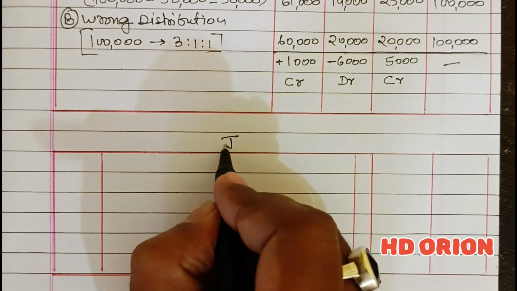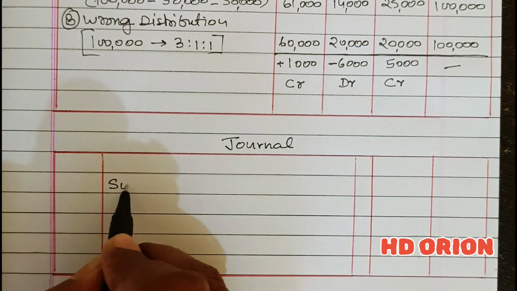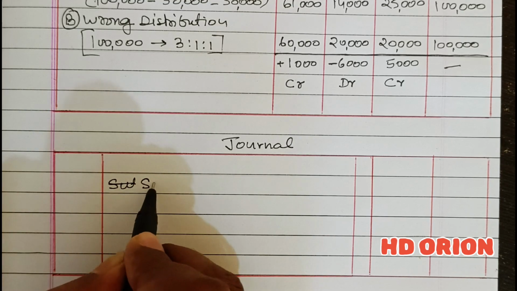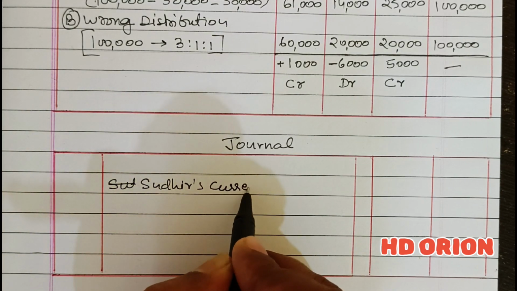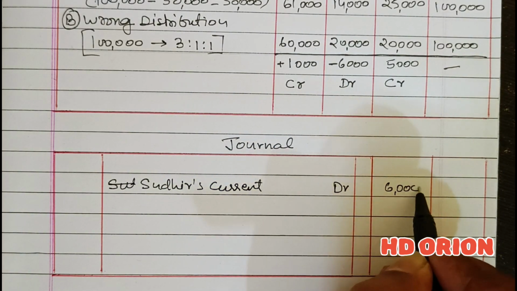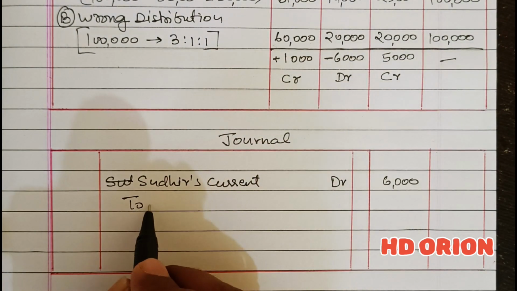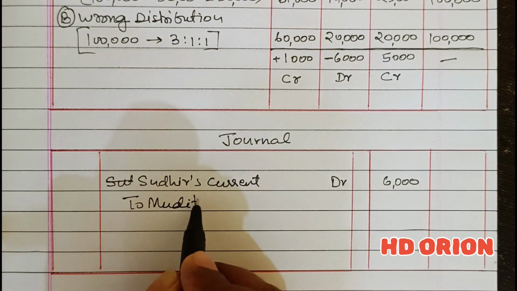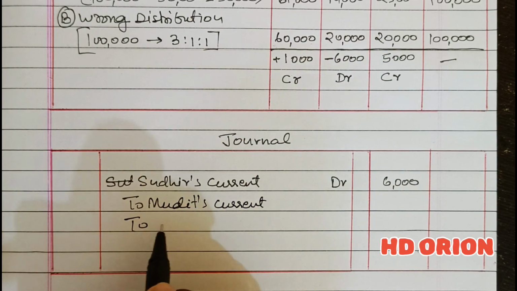So in journal we have to write Sudhir current account because capital account is fixed. 2 debited to Mudit current account, and to Uday.